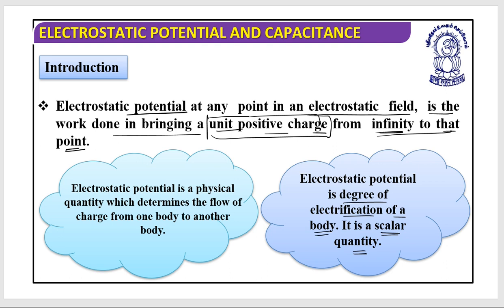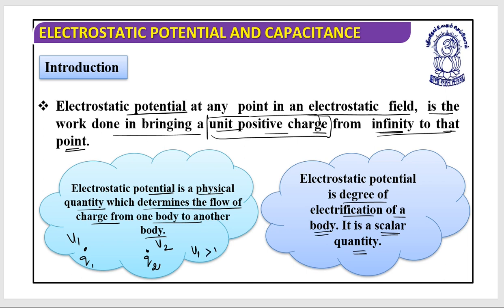We can say one more thing. Electrostatic potential is a physical quantity which determines the flow of a charge from one body to another. That means, let's say this is one charge, this is another charge. This is at potential V1, this is at potential V2.